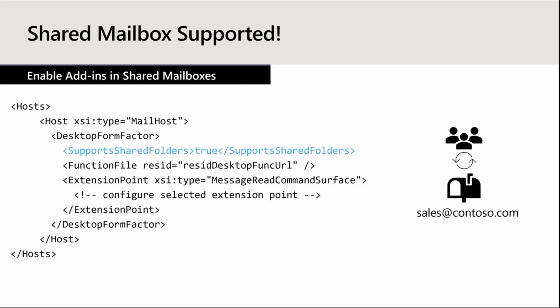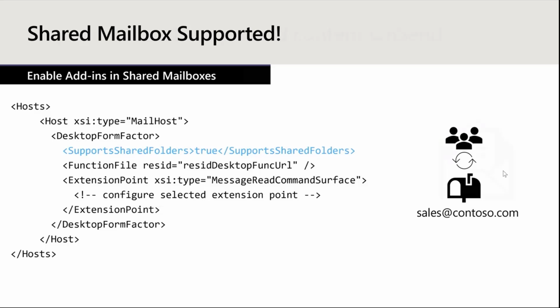That was not supported until recently. So in the manifest, we are reusing the supports shared folders flag to indicate that shared mailboxes are supported. This is now supported across Windows, Outlook on the web, and also the Mac. So we have this support ready for you to use.